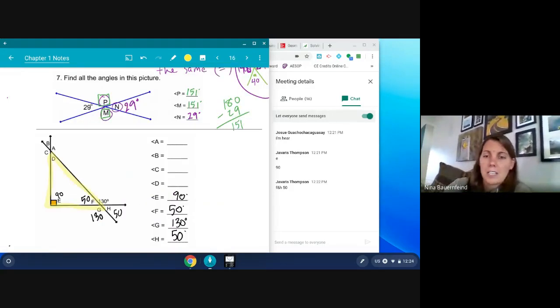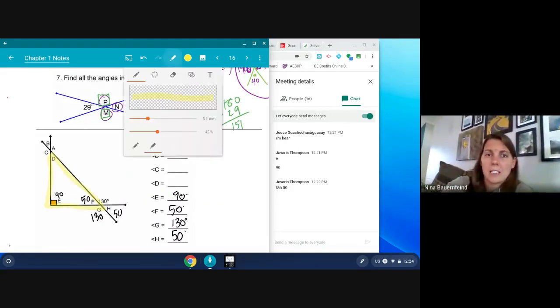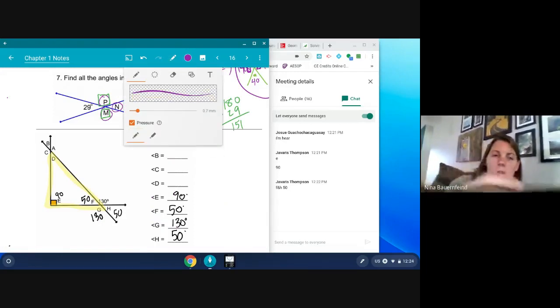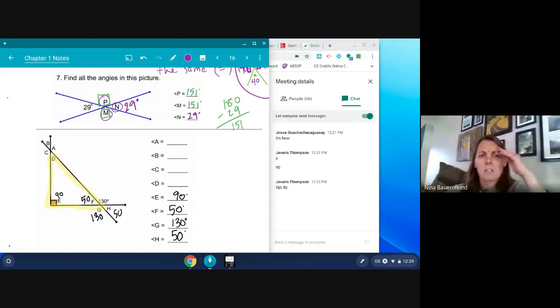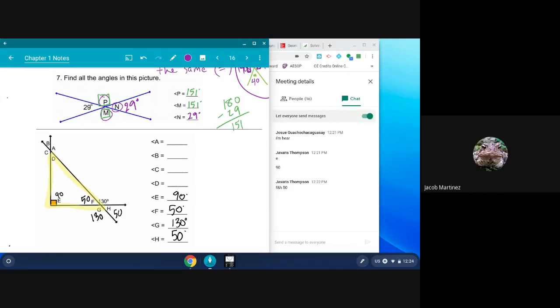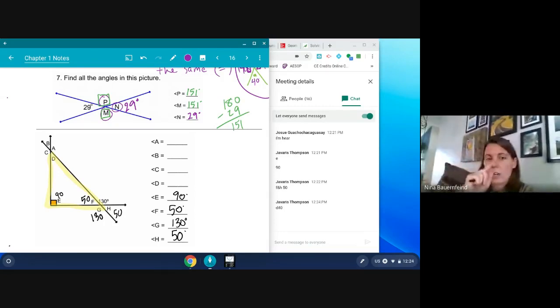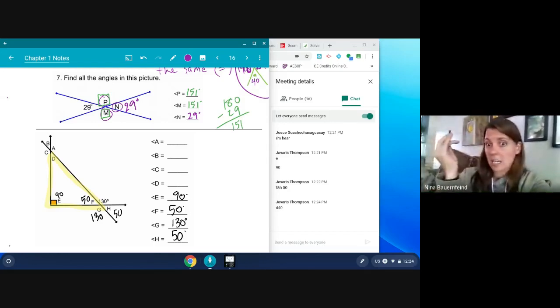So we know that that yellow triangle adds up to 180. Why would that be helpful information? So you know the base? So, yes. Okay. So we know what the two base angles are. So that's taken care of.